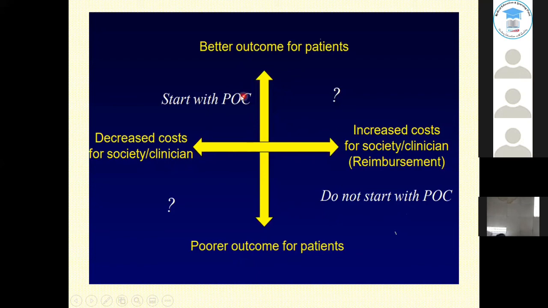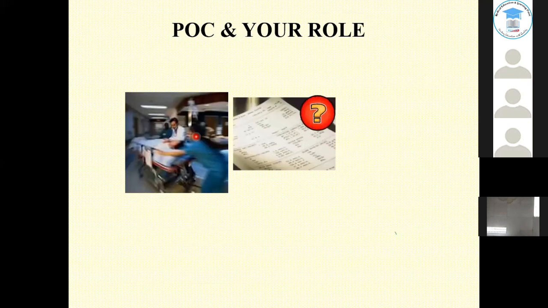Initially, it might be a little cost inclusive, but finally in the long run it decreases the cost for the society and your clinician at large. So of course, starting with POC and optimizing quality in POC to make these results reliable and make your clinicians rely more on the POC results would be the first step forward.